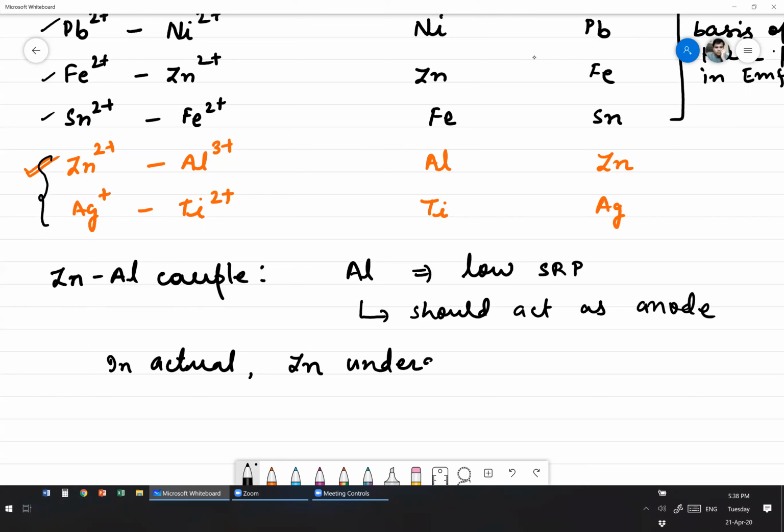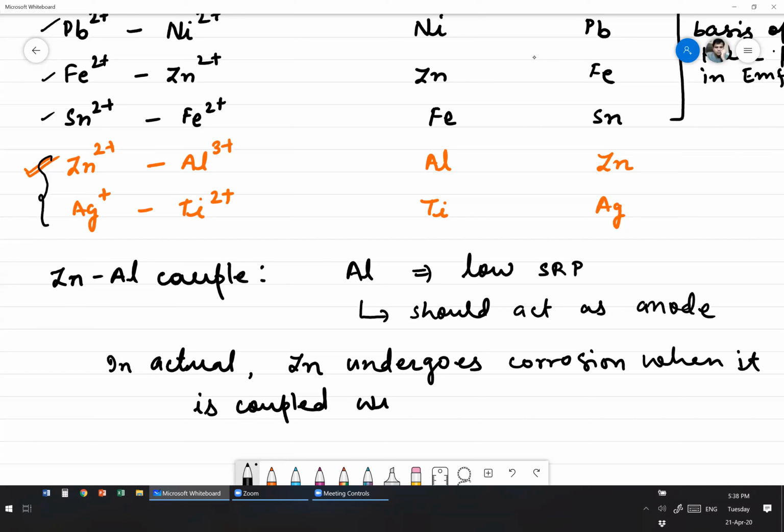So here aluminum has a low standard reduction potential, so it should act as anode, but in actual, zinc metal acts as anode and undergoes corrosion when it is coupled with aluminum.